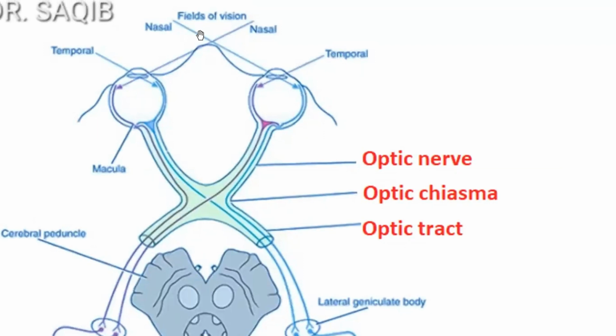Here you see this is the optic chiasma, and this is the nasal half, and this is the nasal half, and the fibers from both these nasal halves cross in the optic chiasma. These are the fibers from the nasal half in red color, and they cross in the optic chiasma.